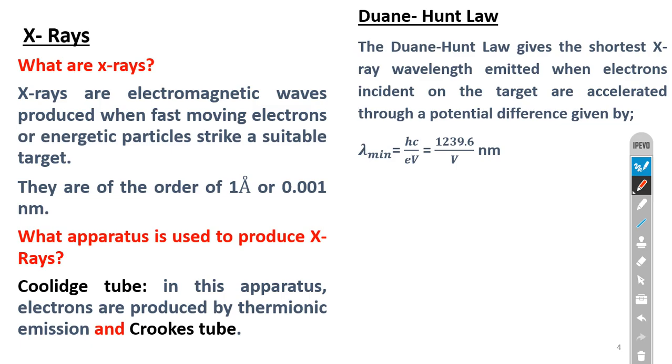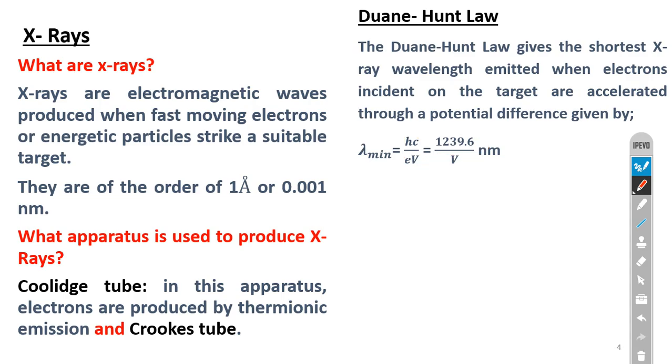I'll call it energy E. h is the Planck constant, a constant. c is the constant speed of light. The electron charge e is a constant as well. If I substitute these, all I need is the value of V to get the wavelength. So when this is substituted, we arrive at this.